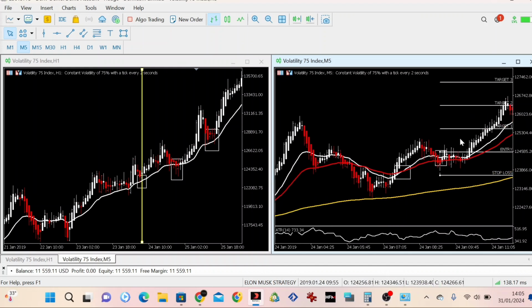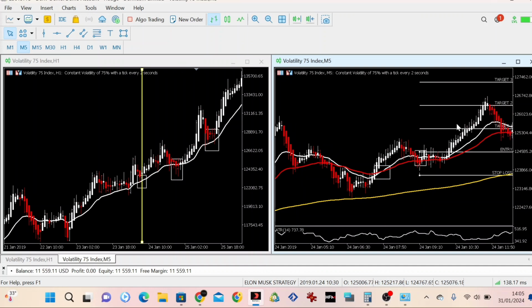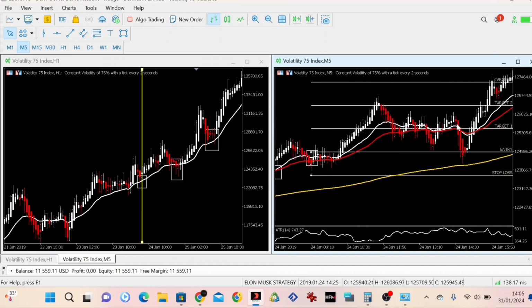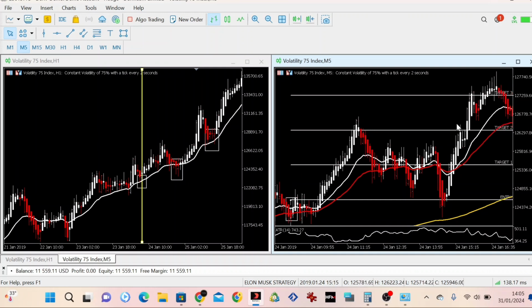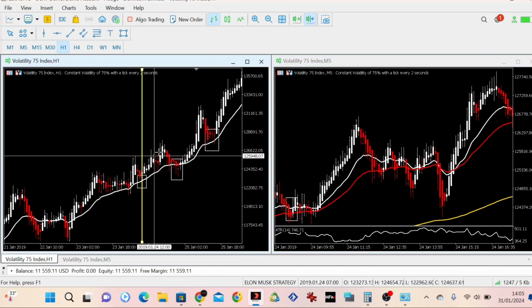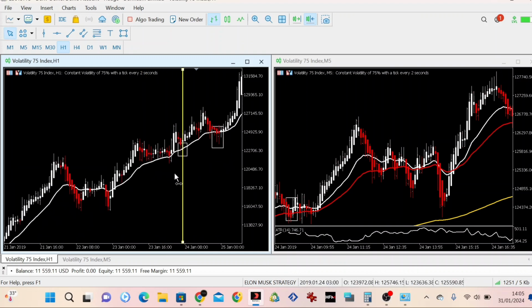The market started going, so 1:1 was hit, the first target was hit. Then a little bit of pullback, then the second target was hit at 3 times the risk right there. Next, let's look for another setup when the market pulled back to it again.